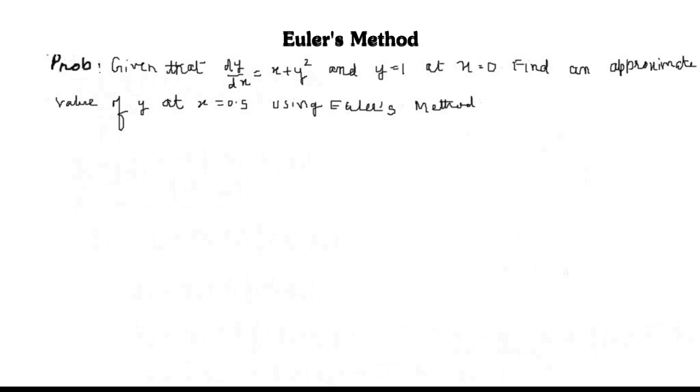As we have discussed Euler's method, the problem is this: dy by dx equal to x plus y square, and the initial condition is given as y equal to 1 and x equal to 0. We have to find an approximate value of y at x equal to 0.5.